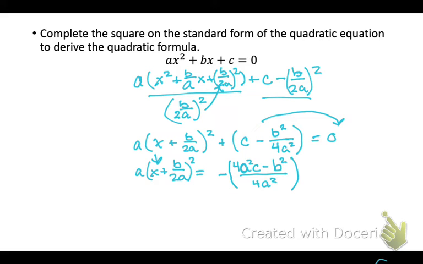So then what would we do? We'd divide by a, wouldn't we? Okay, so can I just put 1 over a over here? Because that'd be dividing by it, right?